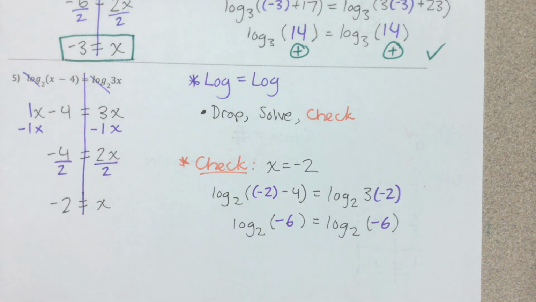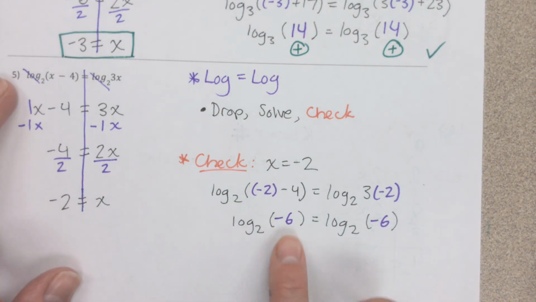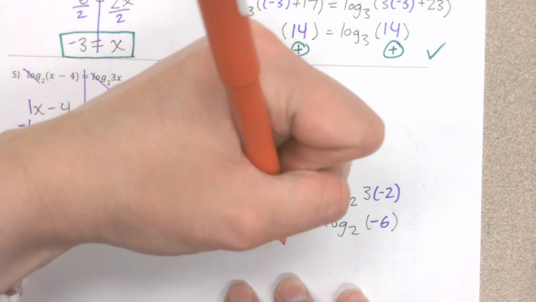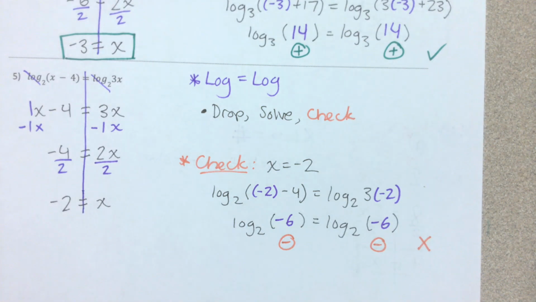There's good news and bad news. Good news, I got the same number on both sides, so my math is absolutely correct. It wasn't a me issue. This worked. The bad news is they're both negatives. This is what we don't want. This means that our answer, x equals negative 2, is not valid. Therefore, our answer is what?